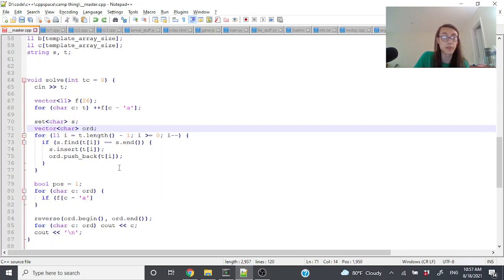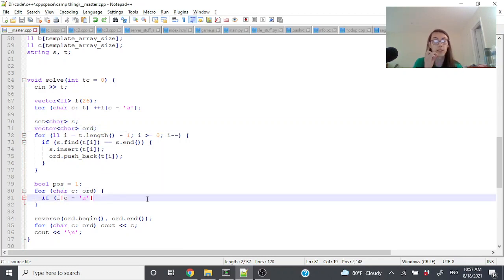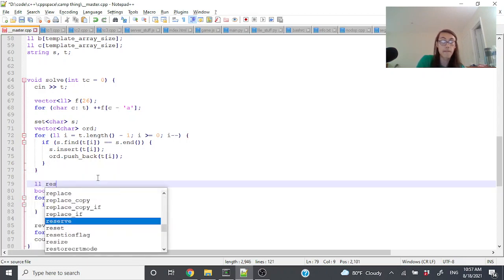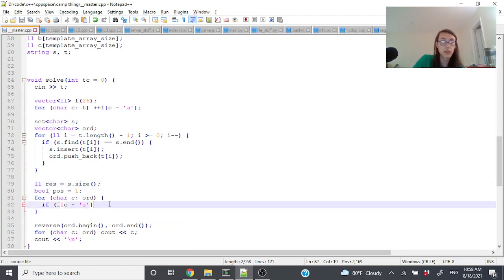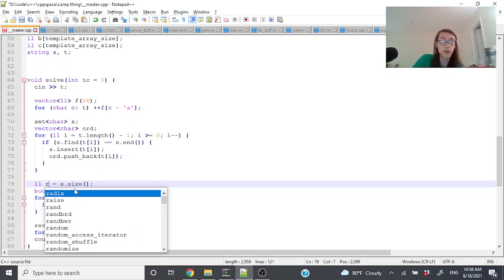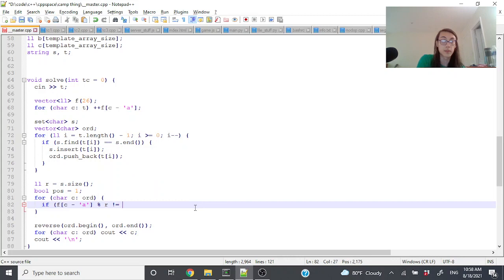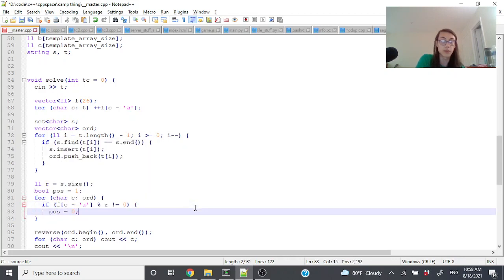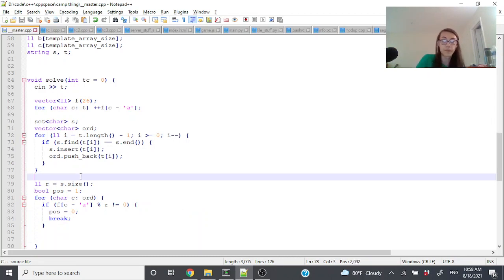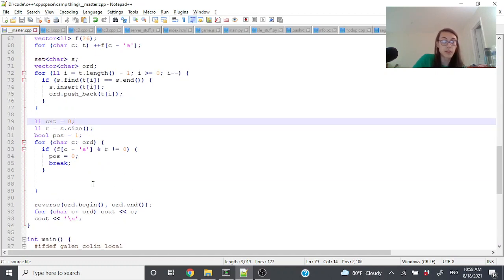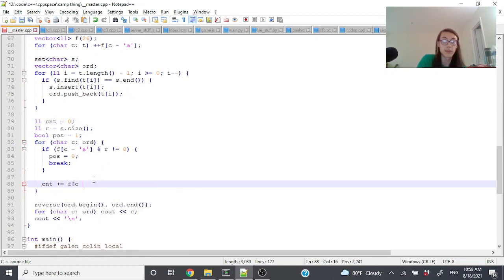If f[c - 'a'], res equal to s.size mod r is not equal to 0, pos equal to 0, break. Otherwise, count plus equals f[c - 'a'] mod r.